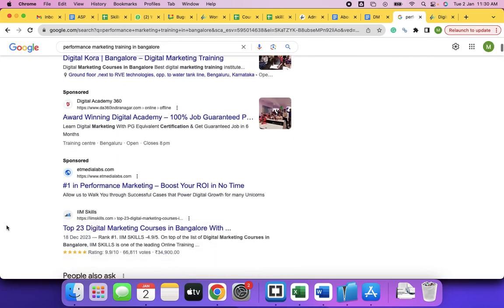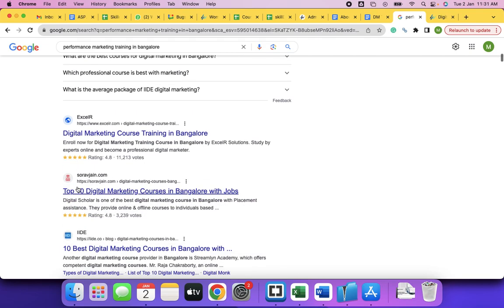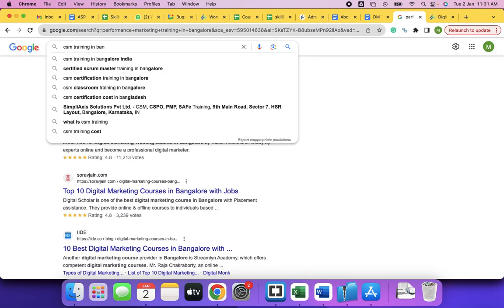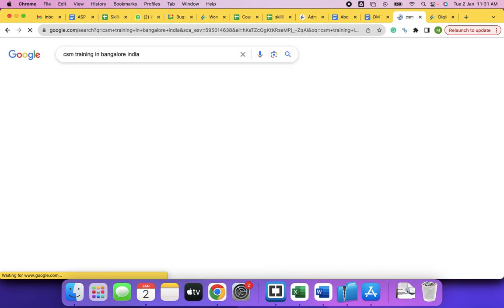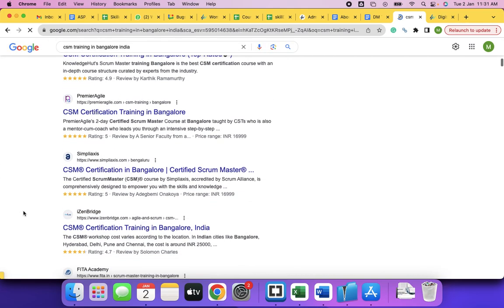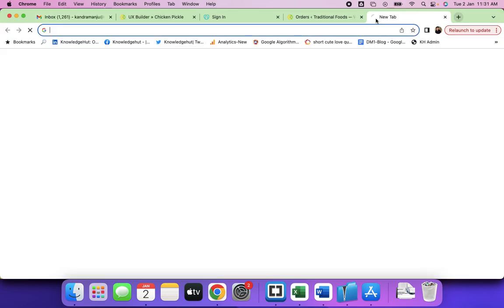This is called rating schema, rating snippets, review and rating. It's showing the count of the reviews and the rating as 4.8. I'll show you CSM training Bangalore. Let me take you to the other tab.